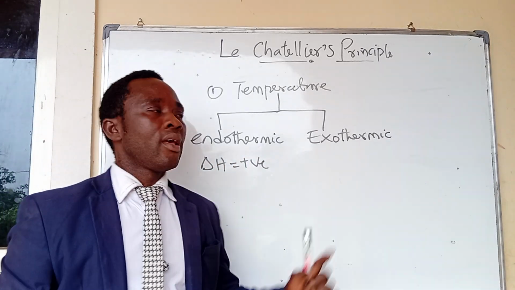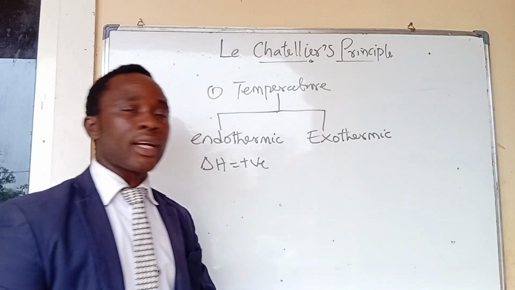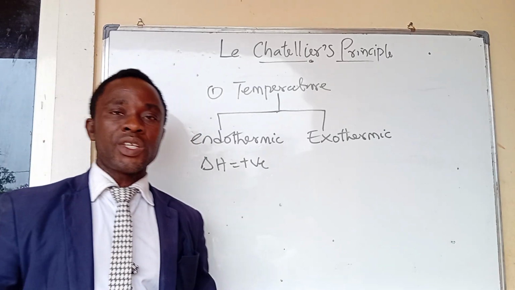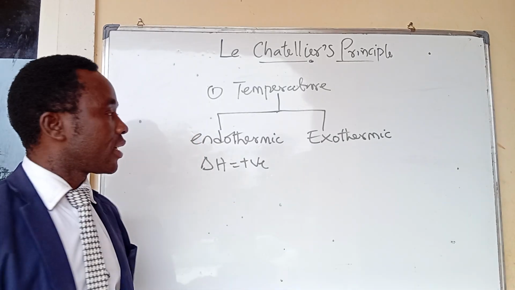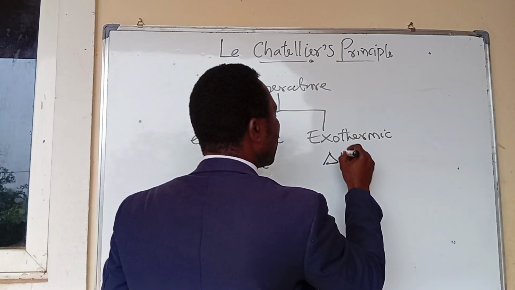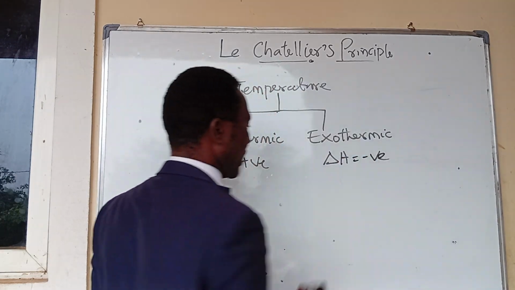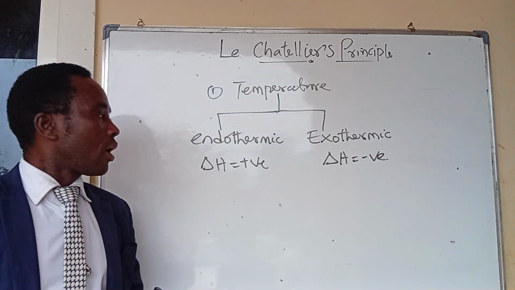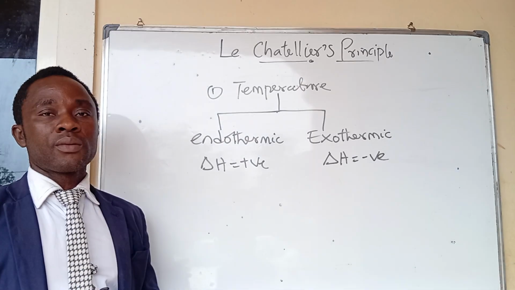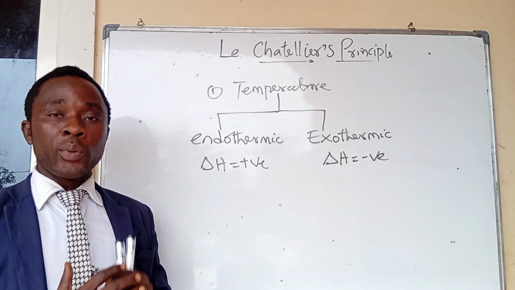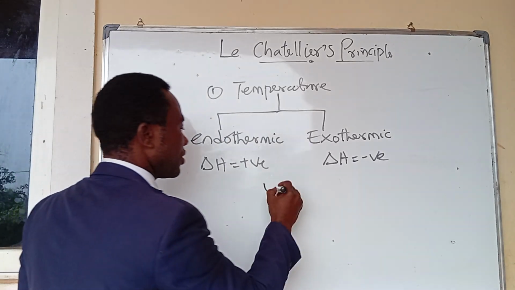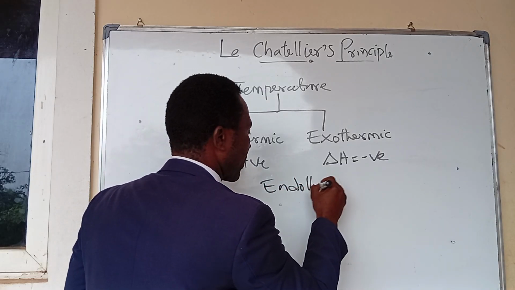On the other hand, exothermic reactions are those reactions in which heat is liberated, and therefore their change in enthalpy is negative. Now, how does temperature affect equilibrium position when the reaction is endothermic?